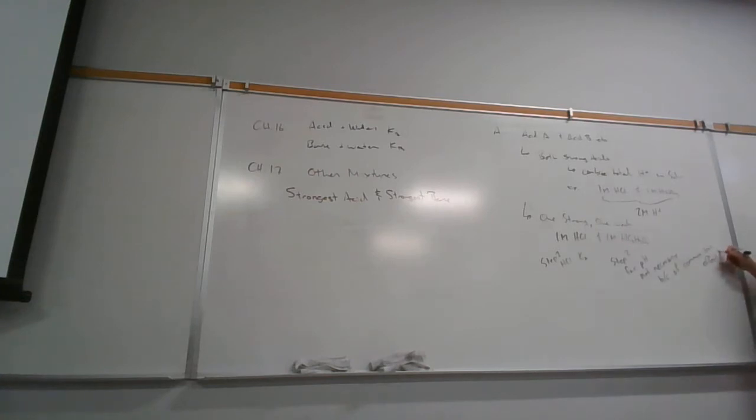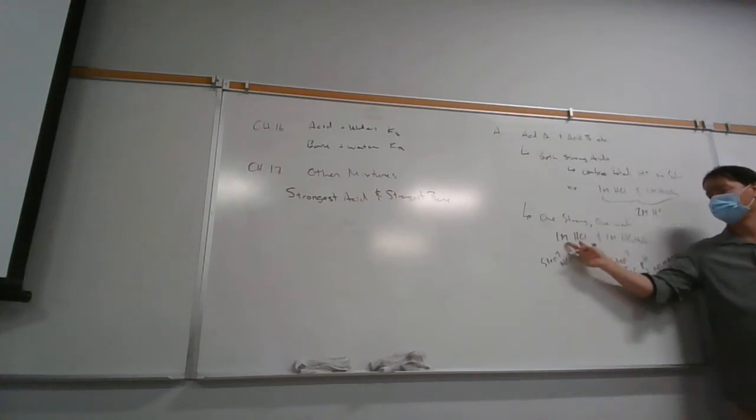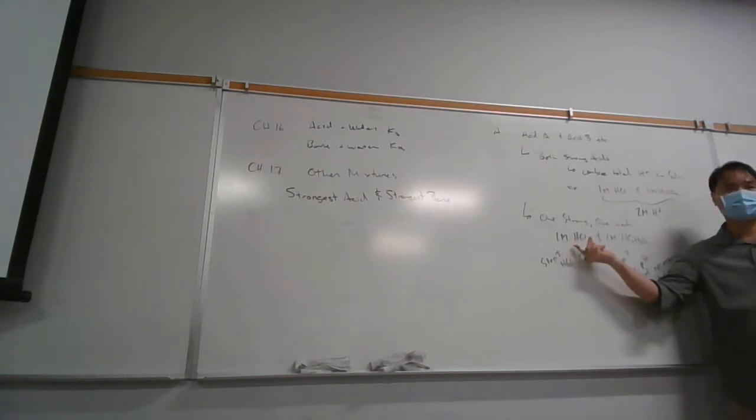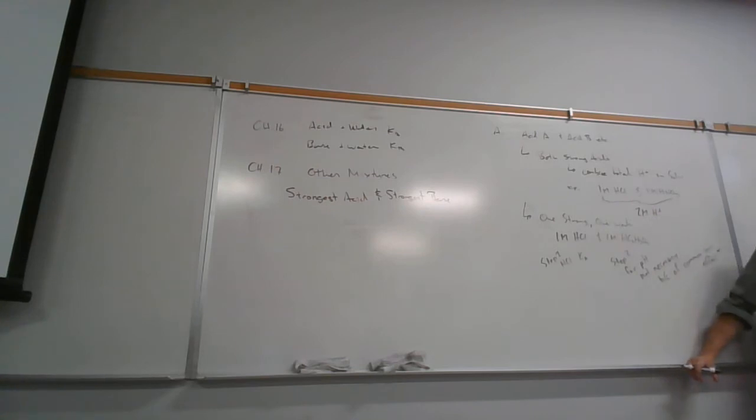The only time that we would worry about step 2 is if step 1 were very low concentration. Let's say I had 10 to the minus 7 molar HCl, then there's barely any HCl. It's almost like pure water. And so in that particular instance, the acetic acid would be significant.